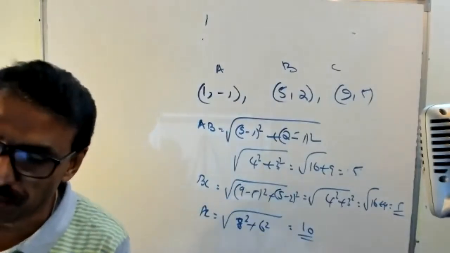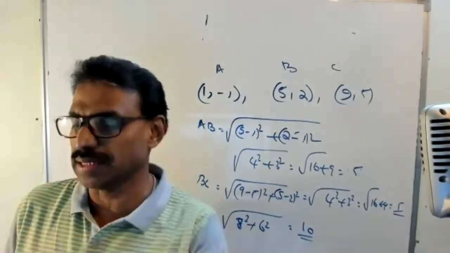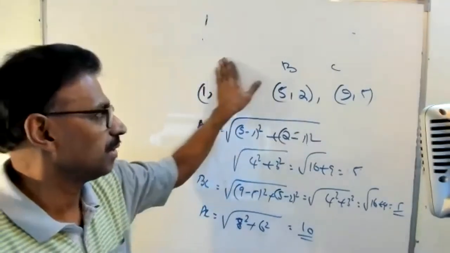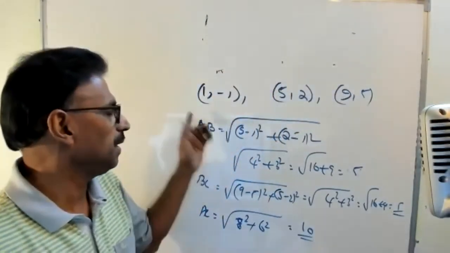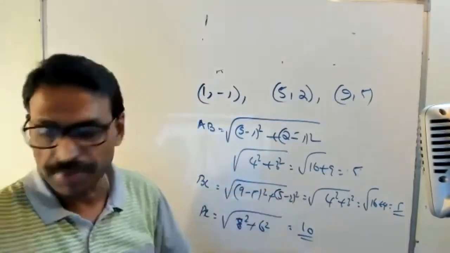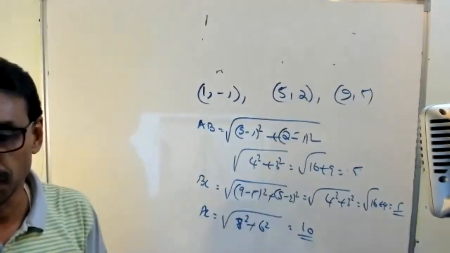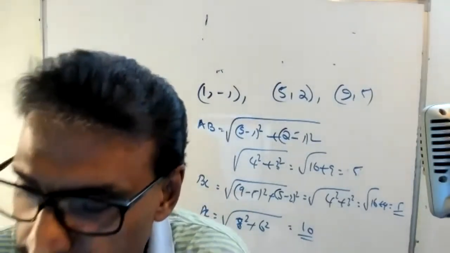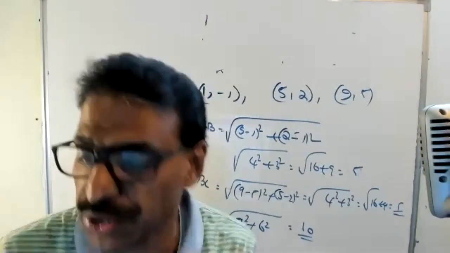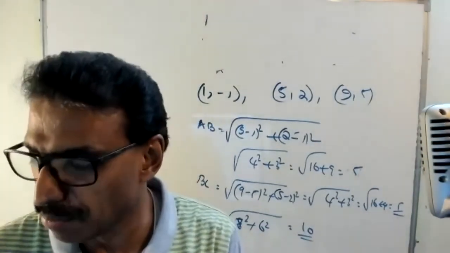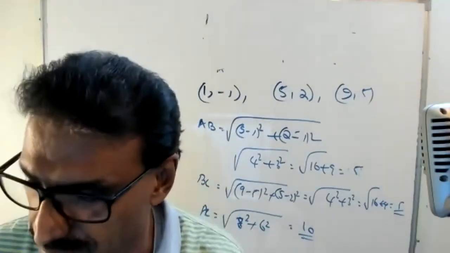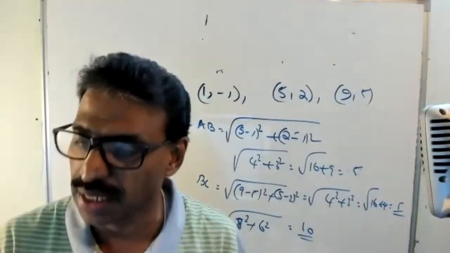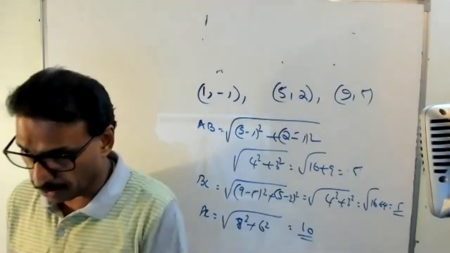The sum of any two sides equal to the third side is what is fixed, not the order. It may be A, maybe different places. We don't bother about that. Listen, how do you prove a triangle? The sum of any two sides is greater than the third side. Like that, if the sum of any two sides is equal to the third side, they are collinear. Clear now?